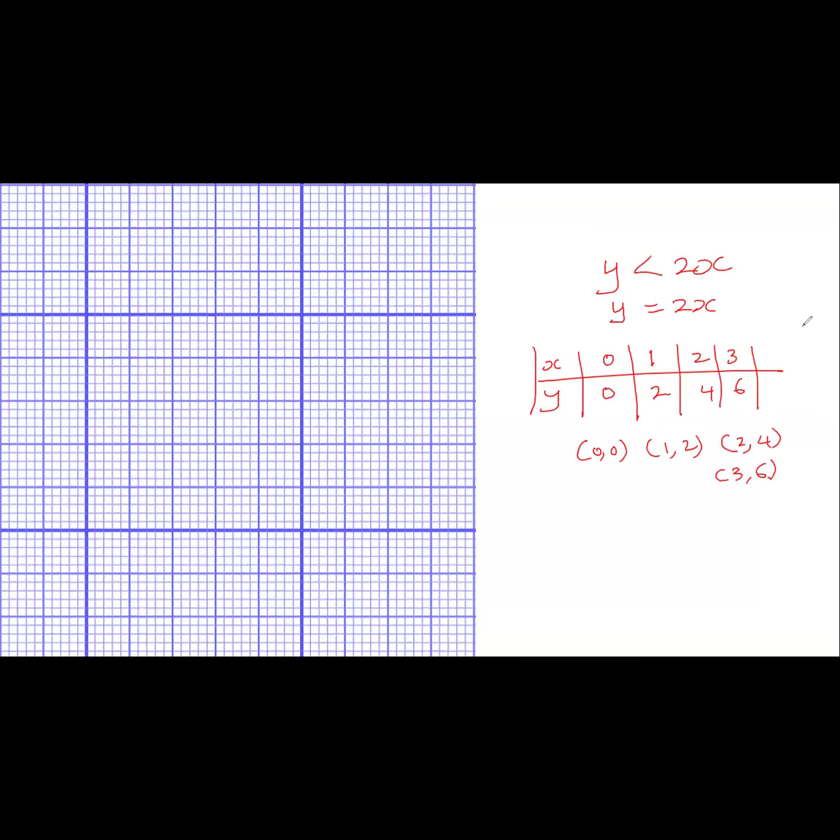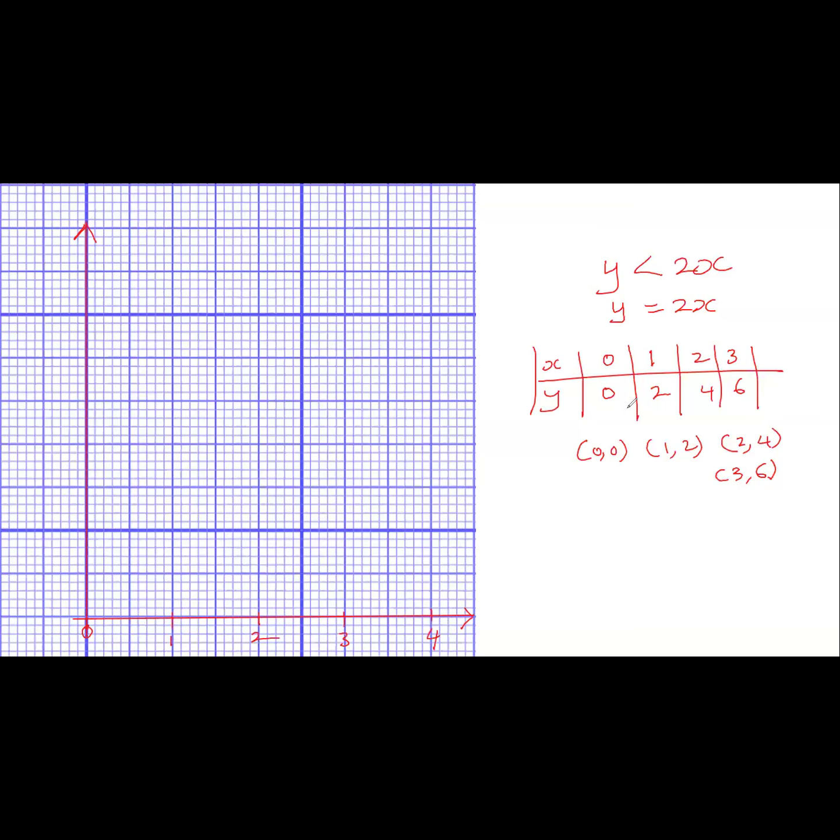Still, you do the same. Go to your graph. This is my graph. I put the demarcations. Indicate the demarcations very well, and then label that this is 0, this is 1, this is 2, this is 3, this is 4.